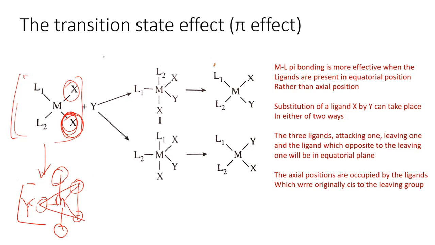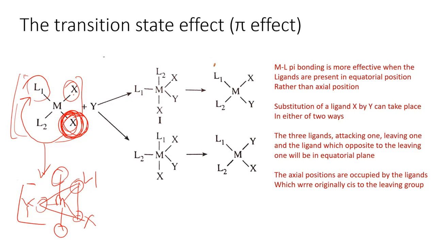So now when Y is attacking, suppose this X is leaving. Then definitely this X would be in the equatorial plane, as already mentioned per the rule. The trans of this X is L1, so this L1 would also be in the equatorial plane. In the axial positions, the cis groups to the leaving X would be placed, right?